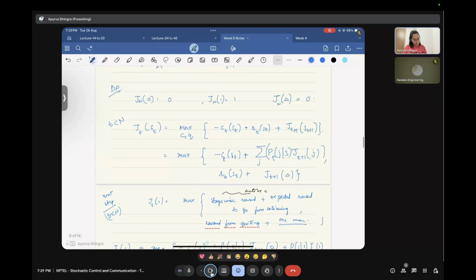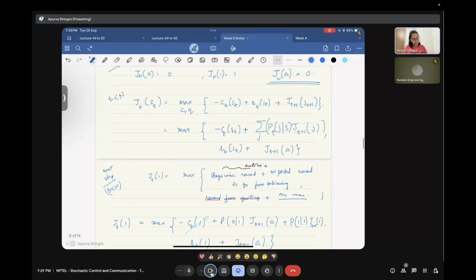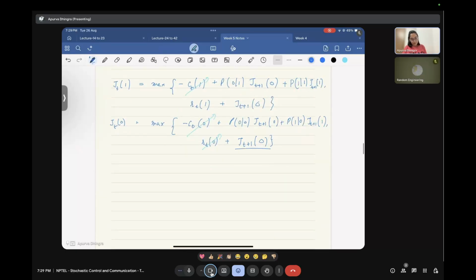Let's focus on this state. So we know Jn of delta is 0. From Jn to any of the previous ones, t n minus 1 or anything else, there is no action that can be taken.